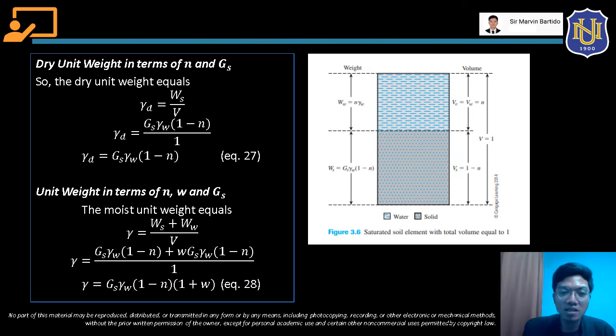Therefore, when we simplify this, we can factor out 1 minus N and G S times gamma W. This is divided by 1, and this is divided by W. So, class, this is equation 28.